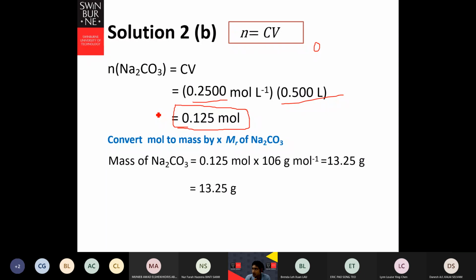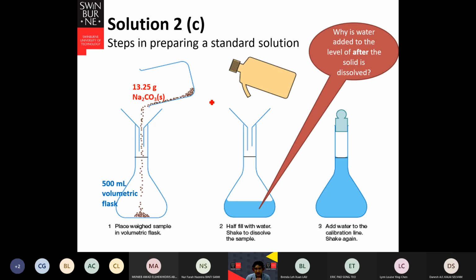That is 0.125 moles times the molecular mass of sodium carbonate, which is 106 gram per mole, so 13.25 gram of sodium carbonate is needed. How do you prepare it?